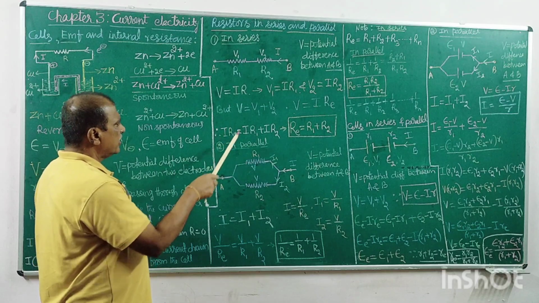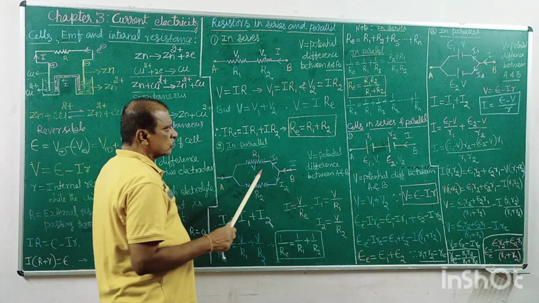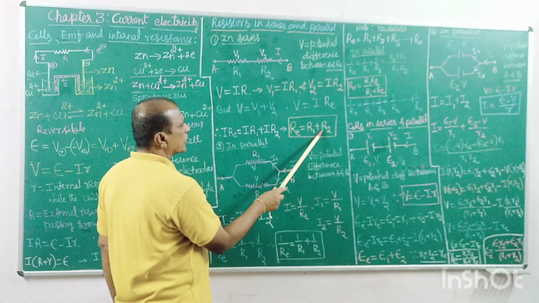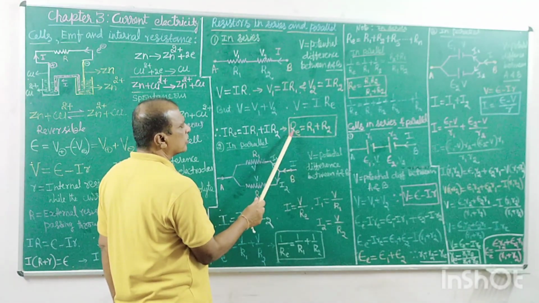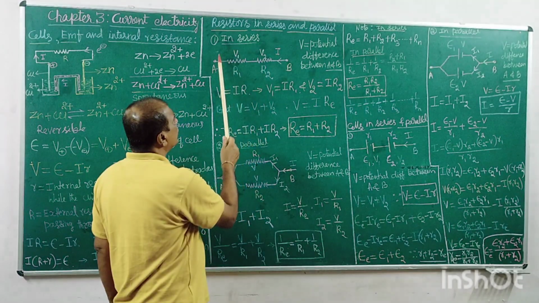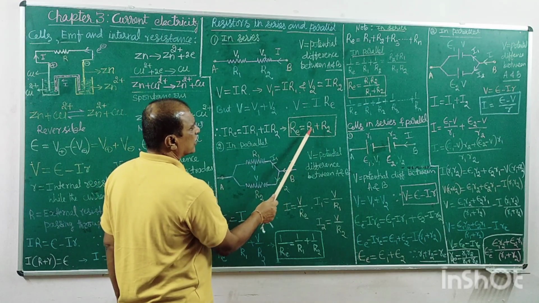And simplify: take out I as a common factor and cancel. That's right. Remaining is R_E is equal to R1 plus R2. That means the effective resistance, the total resistance of this combination, is the sum of the resistances R1 and R2.